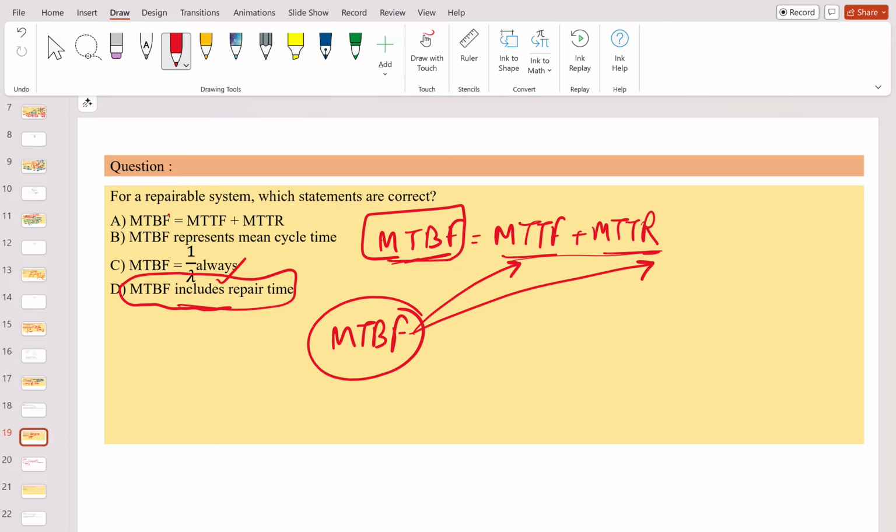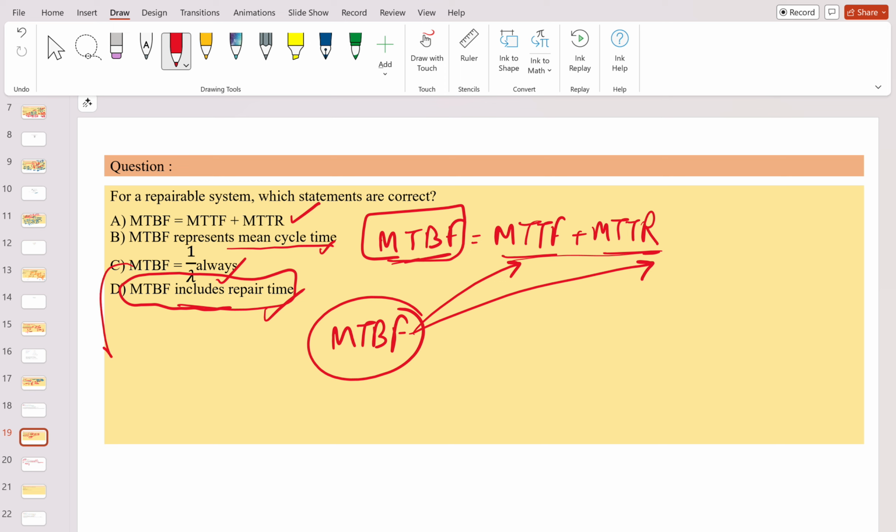So when the first statement is correct, it is already including the repair time and the failure time. And B, when you see it, a mean cycle time, that is also true. It's a mean value. And option D, MTBF, is actually including the repair time, so that is also correct.